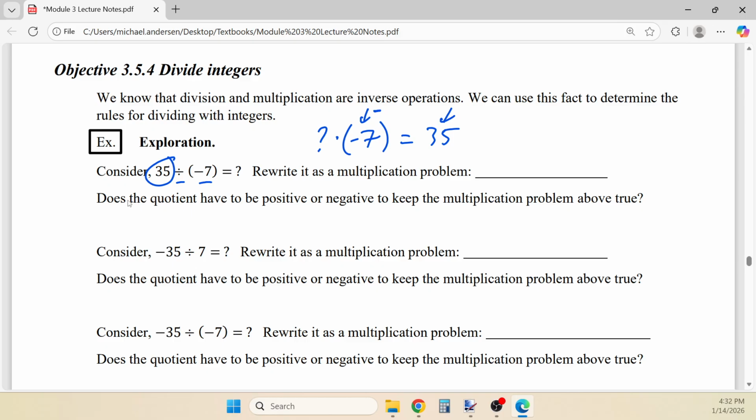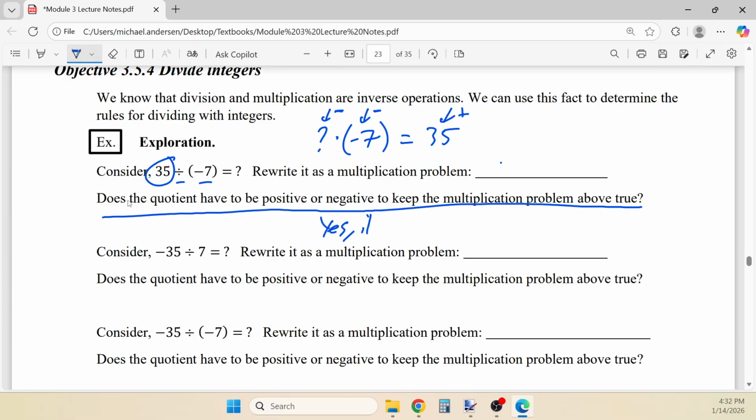The only way to multiply a negative by something and get a positive is if you're multiplying it by a negative. So the number that we're looking for is negative. Does the quotient have to be positive or negative to keep the multiplication problem true? Yes. It must be negative.